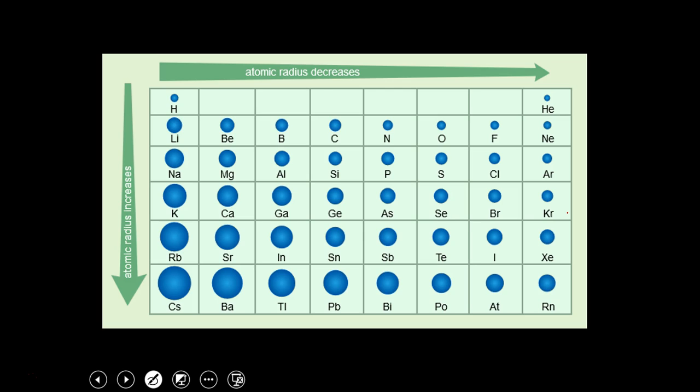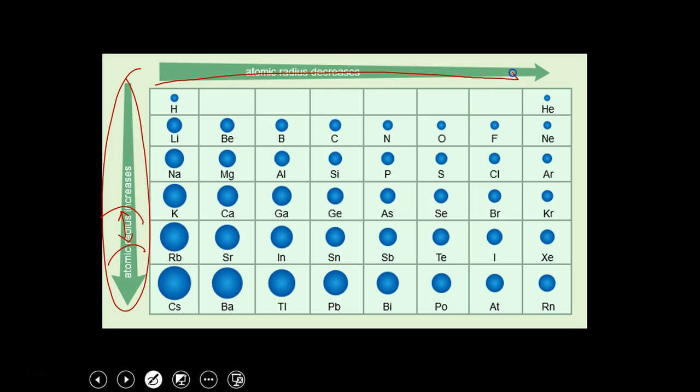So again, here's the trend you might want to add to your periodic table. As you go down, the radius increases because you're adding floors and you've got the shielding effect of them repelling each other.